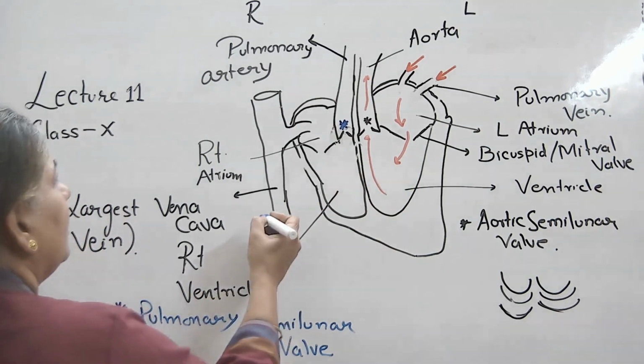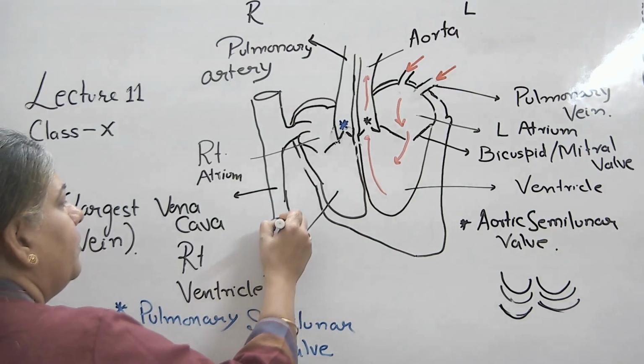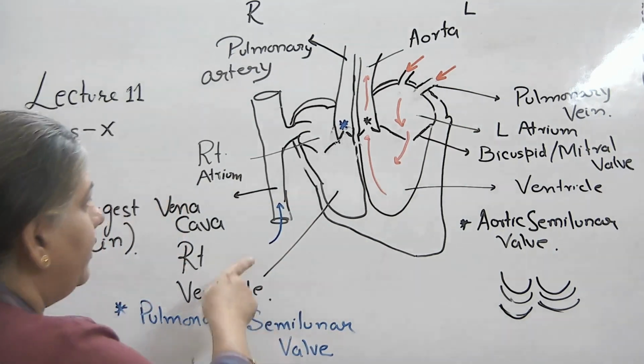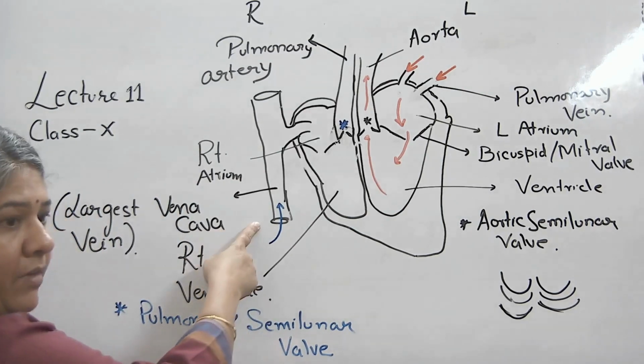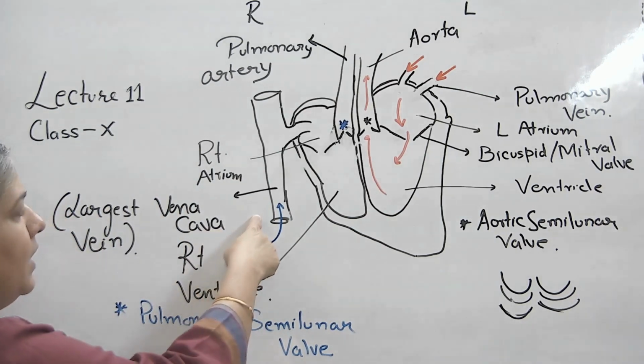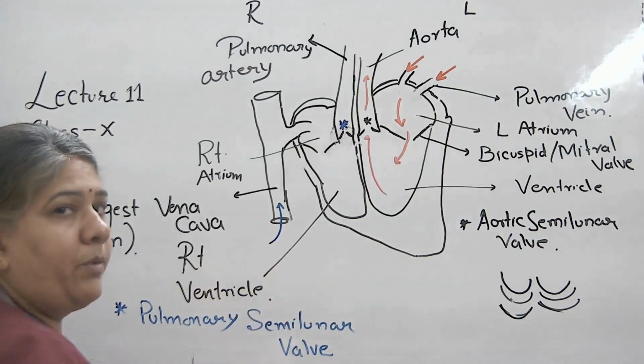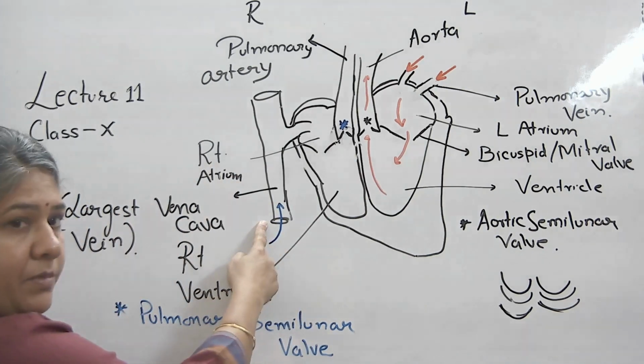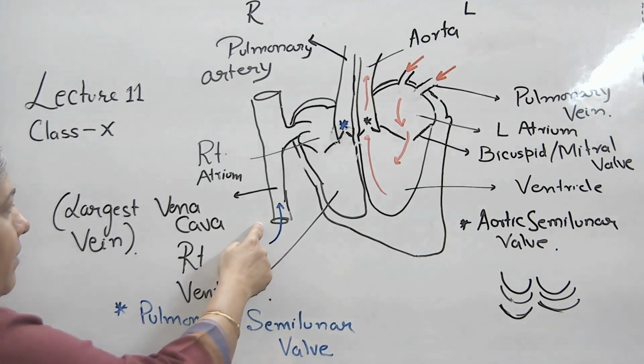So blood enters from the lower part of the body and it enters into vena cava. So this part of vena cava, which is bringing blood from the lower part of the body, is called inferior vena cava or the posterior vena cava.